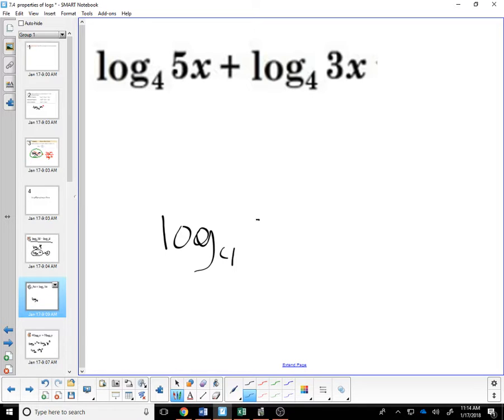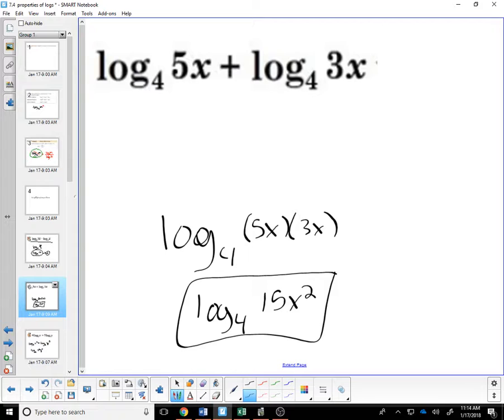I'm going to take 5x and multiply that with my 3x, correct? So when I simplify this, I've got log base 4 of 15x squared. Good job, man. We're good?